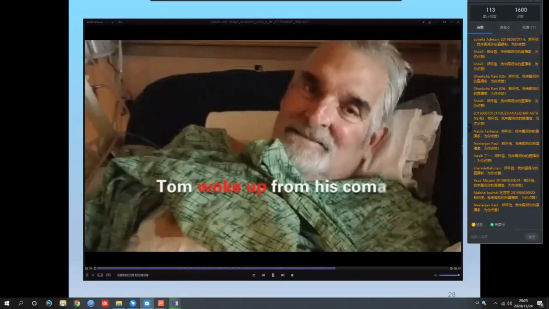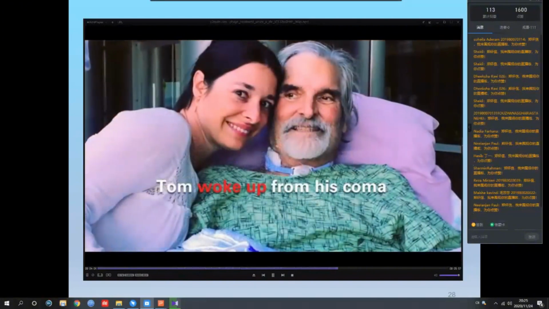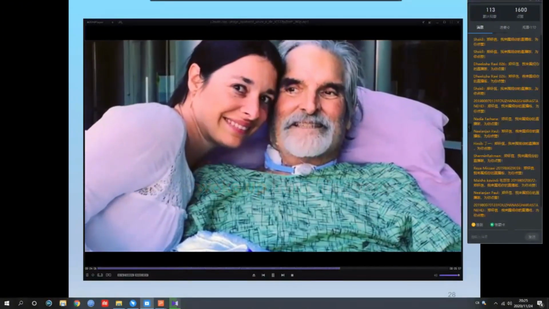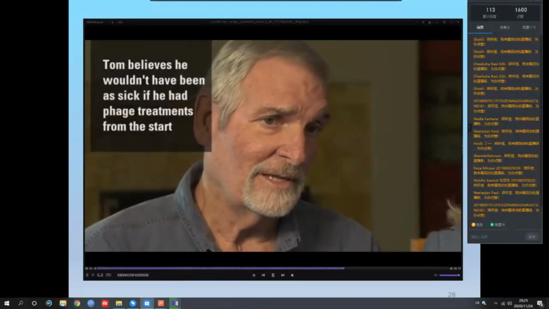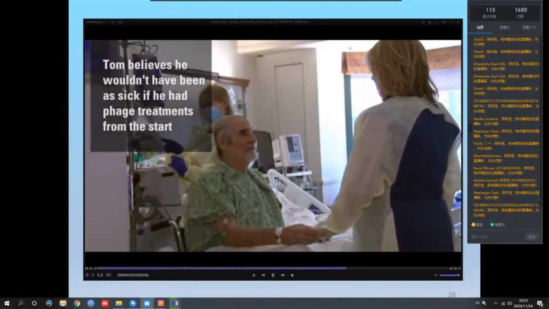Within about 48 hours, he woke up and turned to his daughter and said, "I love you." Had there been phages available in the course of my illness when I first got ill, I wouldn't have been nearly as sick as it turned out I was.